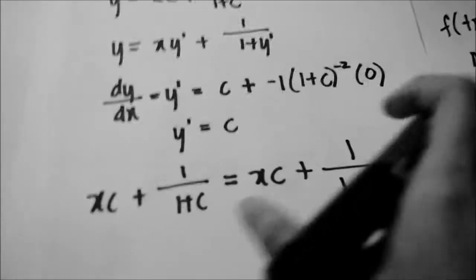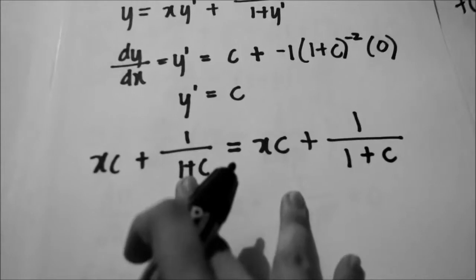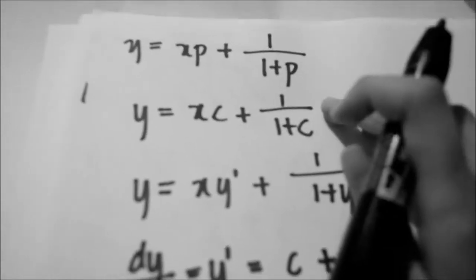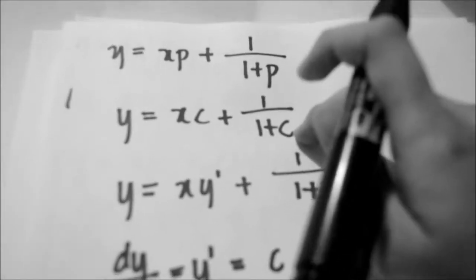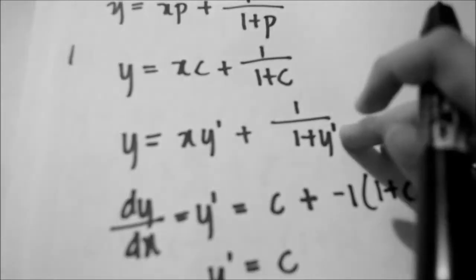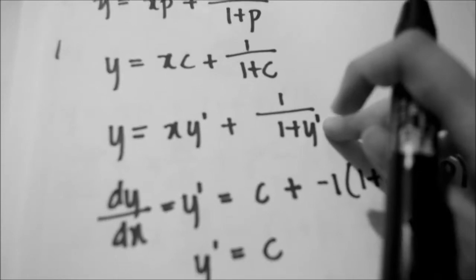So we can observe that both of the equations are equal. This proves that this equation is one of the solutions of the differential equation y = xy' + 1/(1 + y').